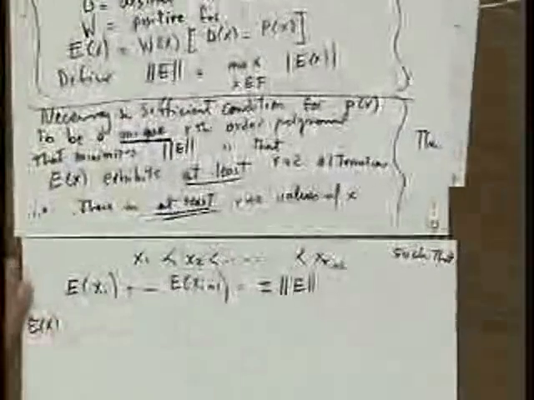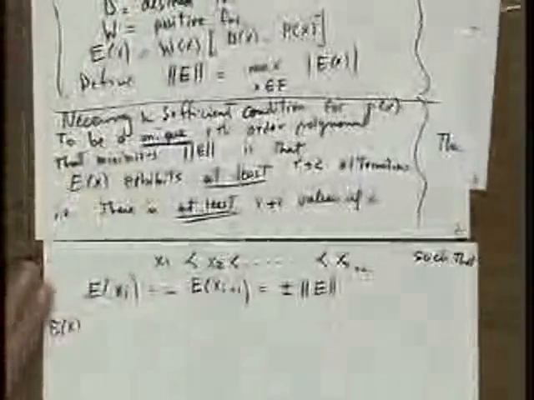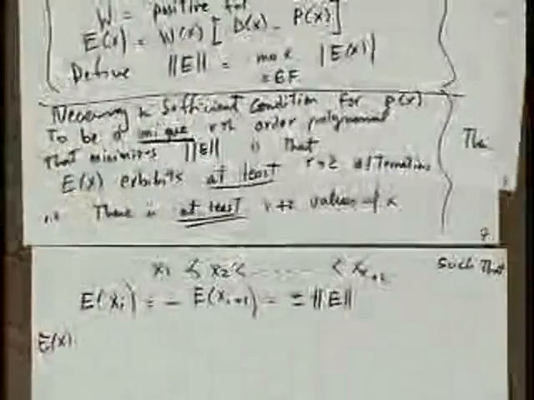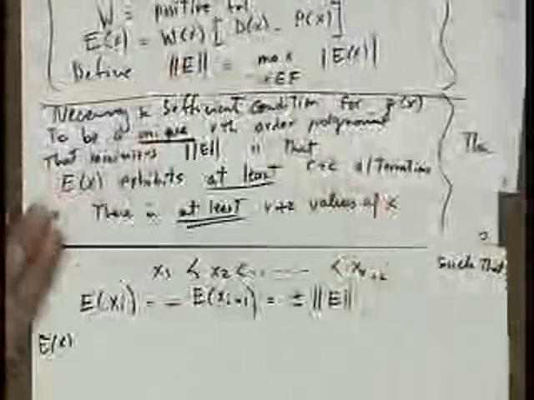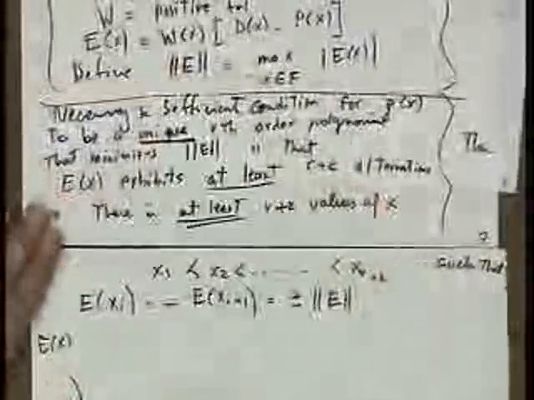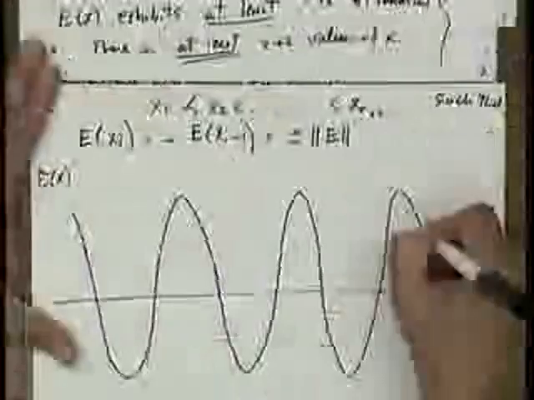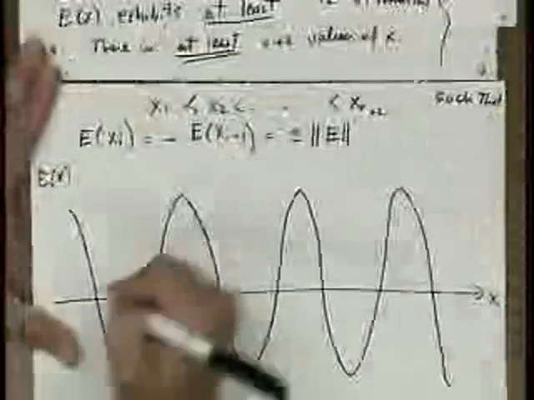So pictorially, what's happening here? What does E of X look like, plotted as a function of X? It says that E over the interval F has a maximum, which is norm E. And it says that this is going to attain its maximum in an alternating way, and there are at least R plus 2 of them.